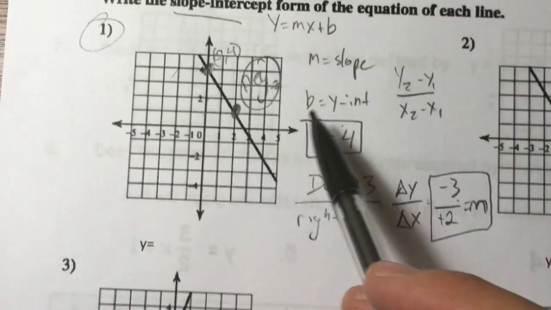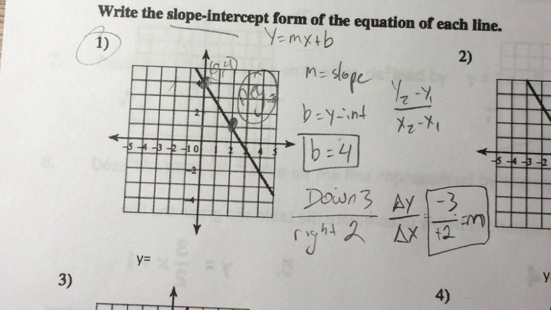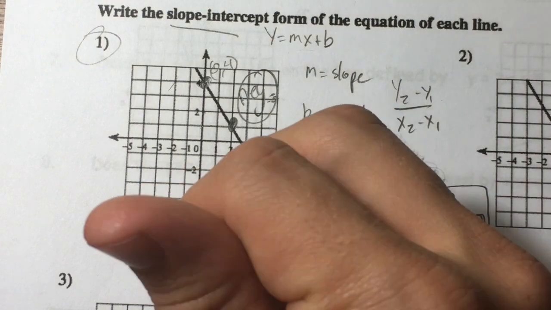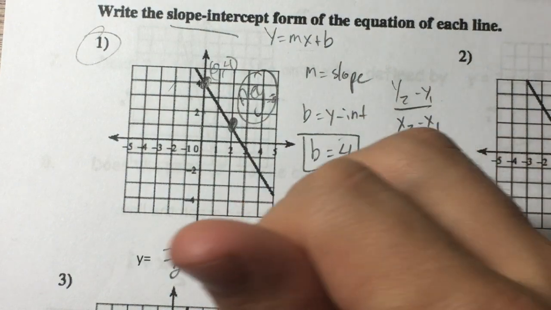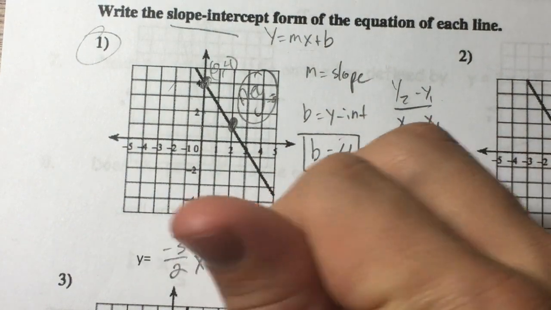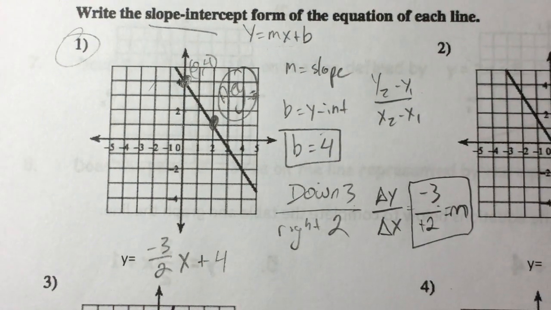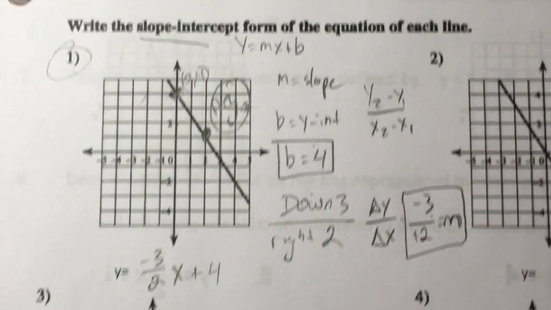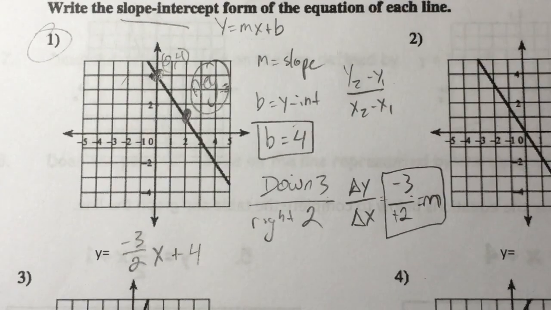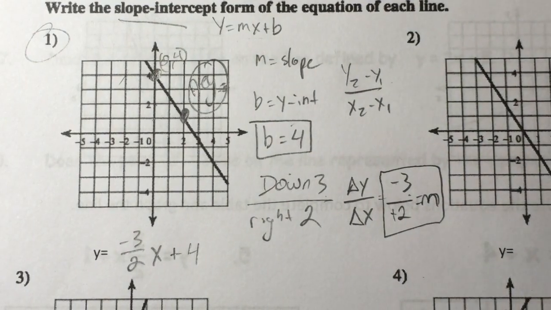If we look at our equation as y equals mx plus b, I can rewrite this as y equals negative 3 over 2 x plus 4. Great, so right now I want you to stop, do the rest of the problems on this page, and then move on to the next page in your packet.